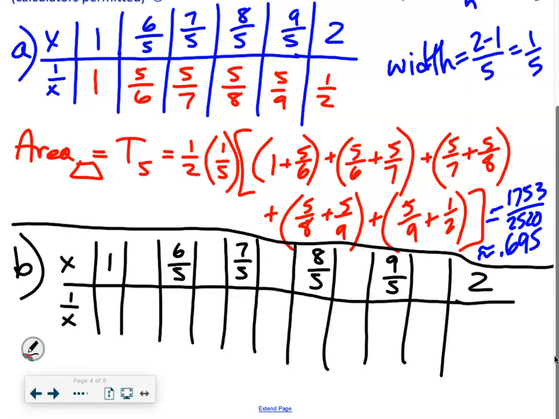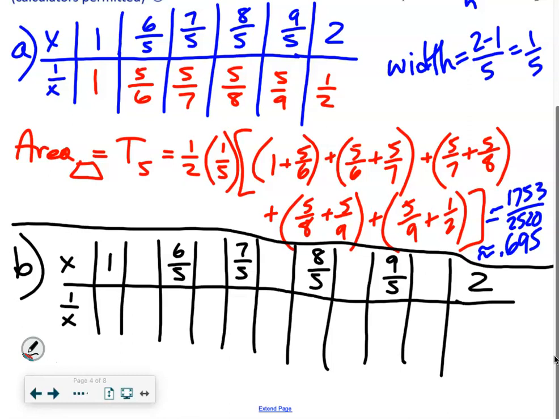Here's the thing about midpoint rectangles: the width doesn't change. That messed up a lot of groups on the first quiz with the midpoints. Say this is my data, and I'm doing left rectangles. My first width, I'm still going from 1 to 6/5. It's still a fifth, and the left tells me which height to use.